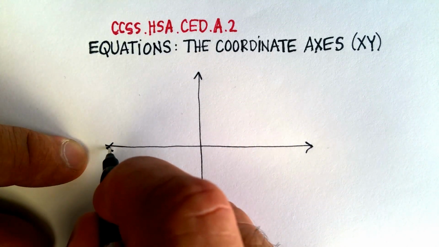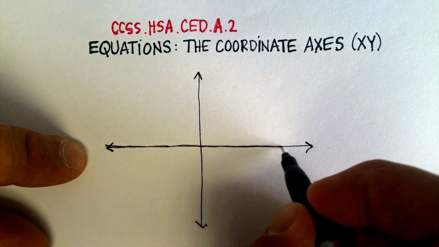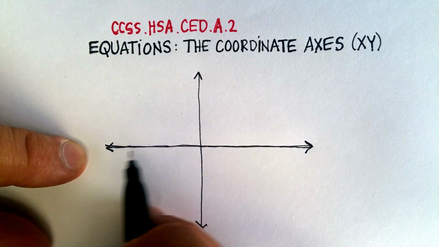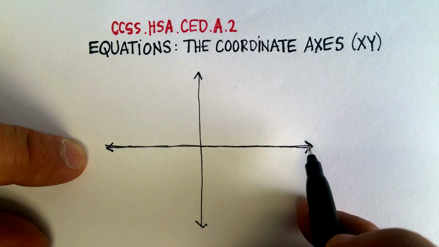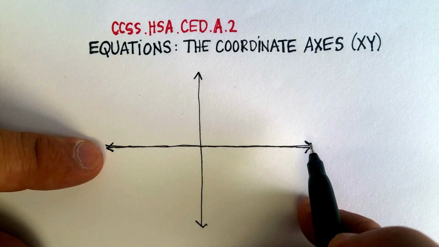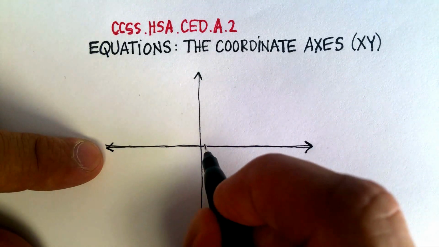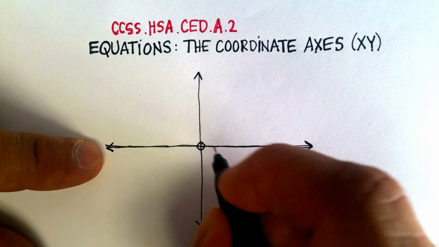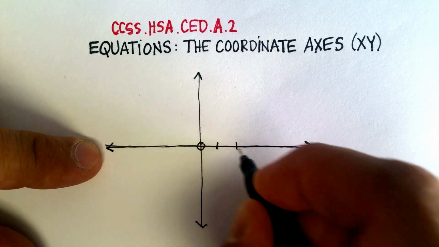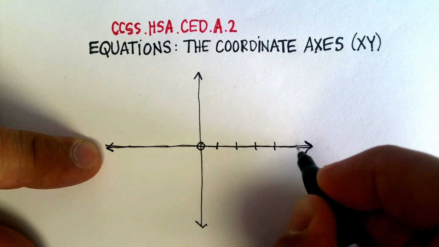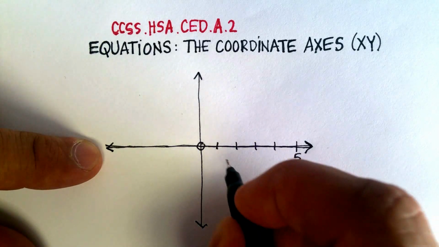Now, you might recognize that this particular axis is just what's called a number line. And number lines are ways of describing reality, right? With this as being the 0 point. Here's 1, here's 2, here's 3, here's 4, here's 5.